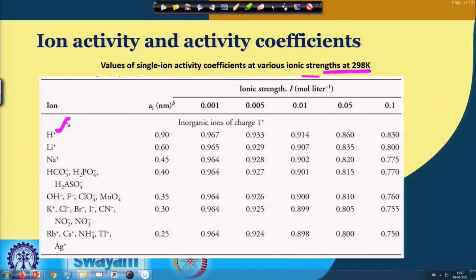We can see how the single ion activity coefficient changes based on the ionic strength, at different ionic strengths and particular ionic radii. For lithium, sodium, bicarbonate, orthophosphate and others, we can get the values of the activity coefficients from this table.